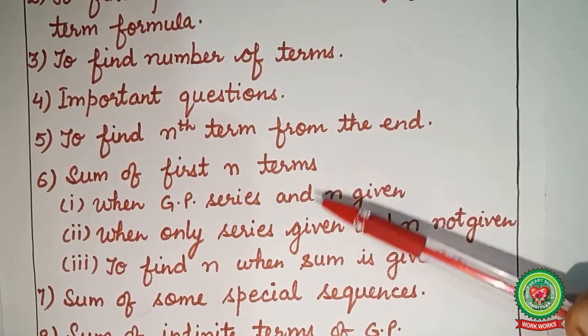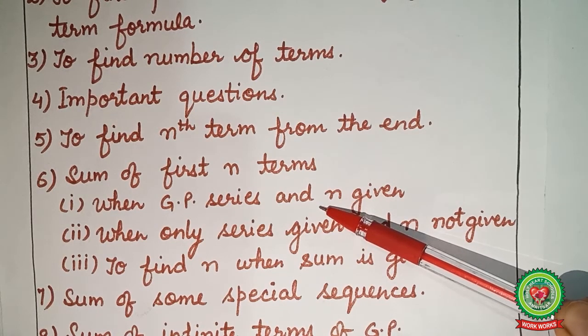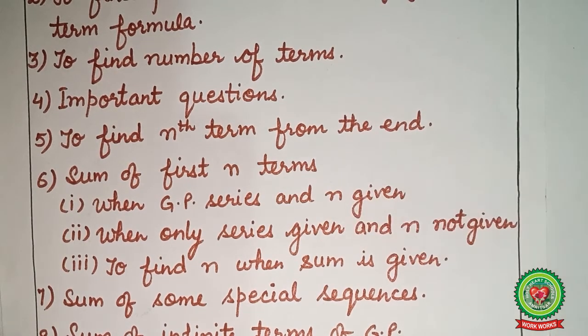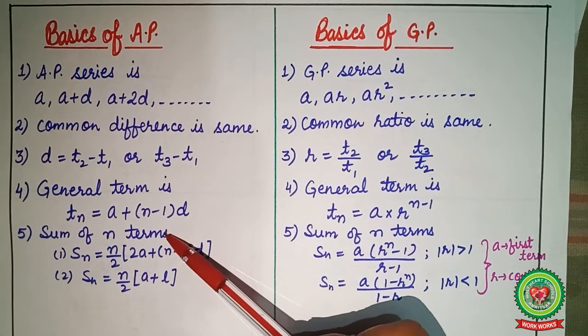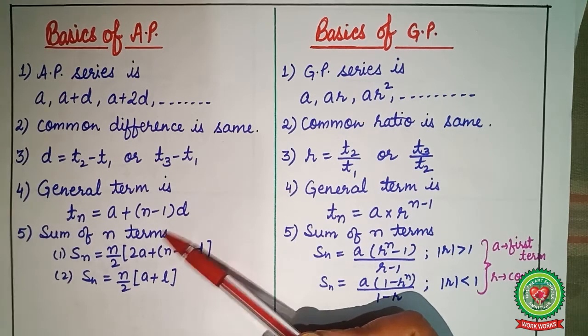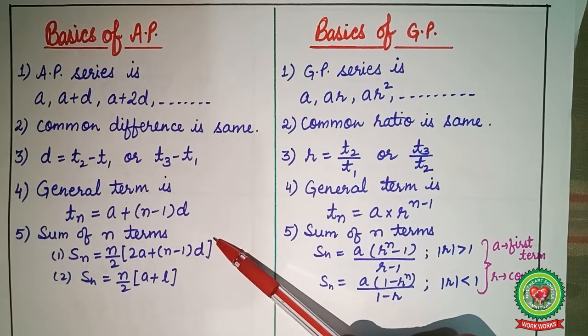Now the first case is when the GP series is given and n is given, and we have to find the sum. Before starting the sum, let's recall the formulas. As we did in AP, there are two formulas for the sum, depending on what is given. If A, N and D are given, we apply the first formula.